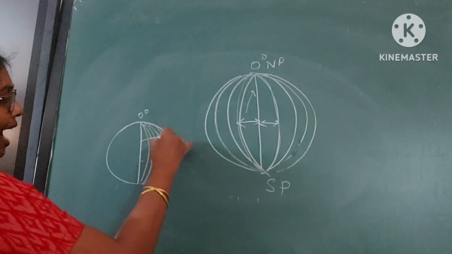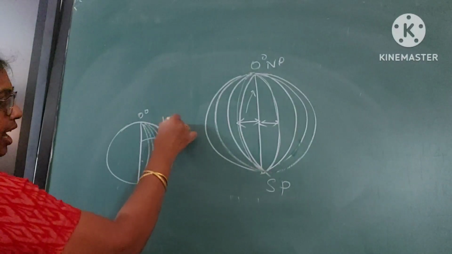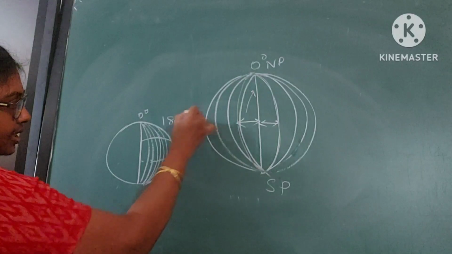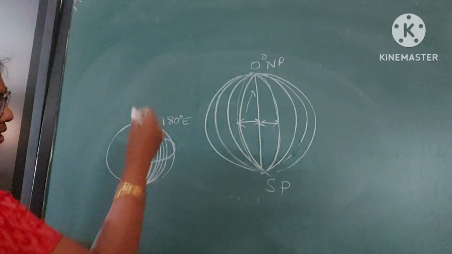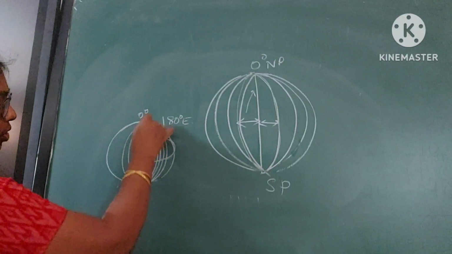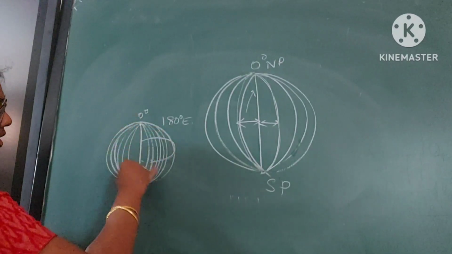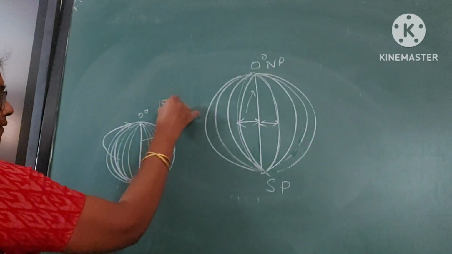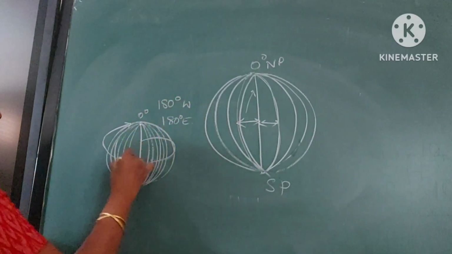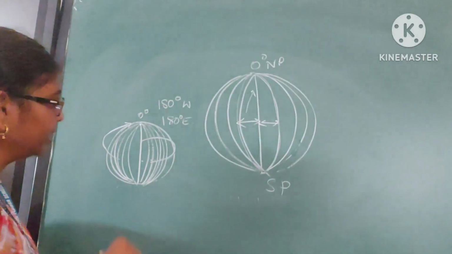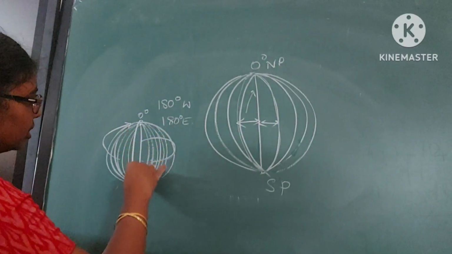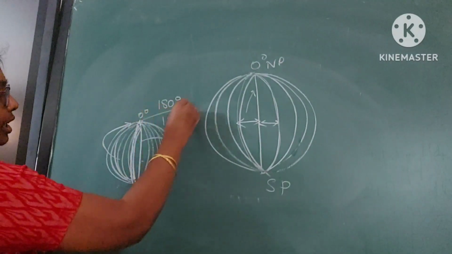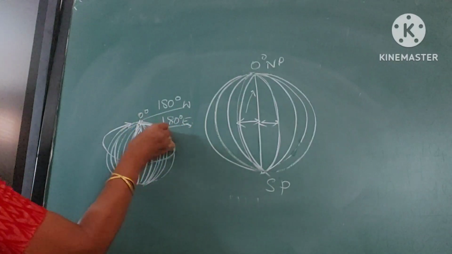So going this side, the 180th east, and this side going 180 degree west, both will be meeting at the same point.